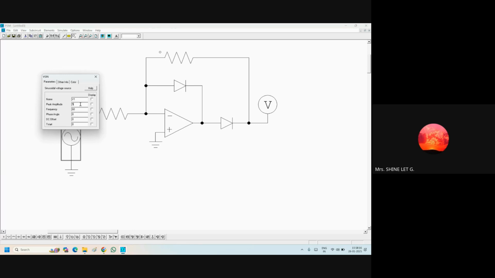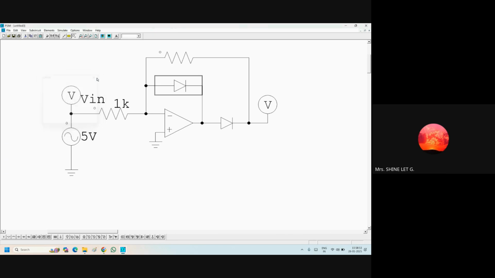Here we will give 5 volt, and we can change the name of the probe to input. The resistor we will give as 1K by default. The diode is a normal diode, but the voltage drop we have set as 0. For silicon we can set it as 0.5, and for germanium 0.3. So here I'll set it as 0.3.